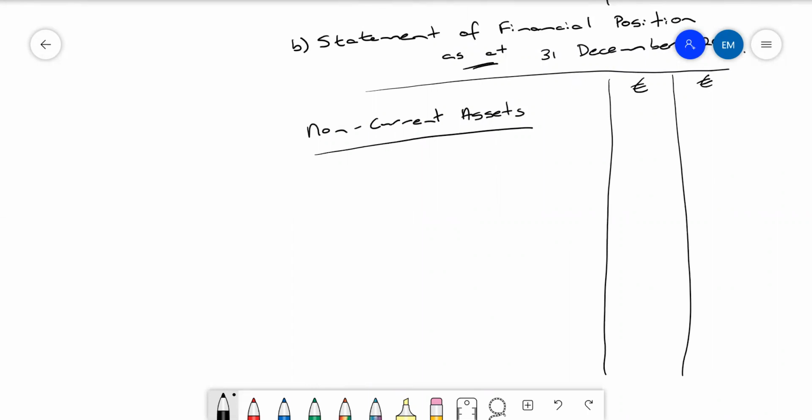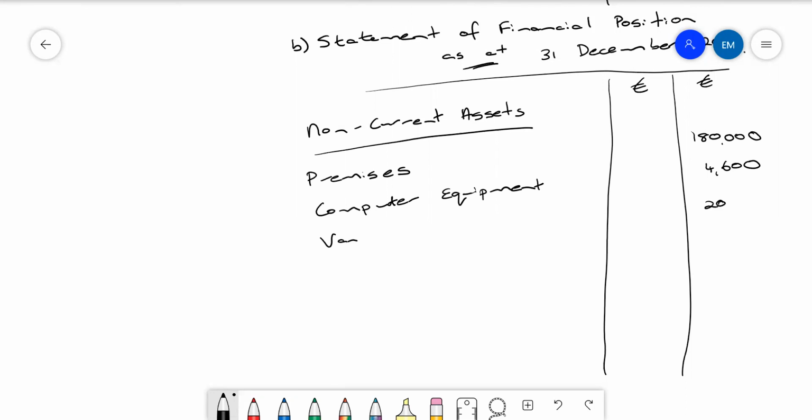So we had identified our non-current assets as premises, 180,000. We had computer equipment, 4,600. And we had a van, which was 20,000. So the total of our non-current assets is €204,600.